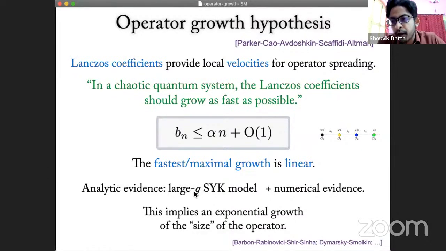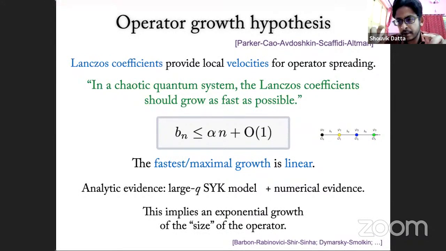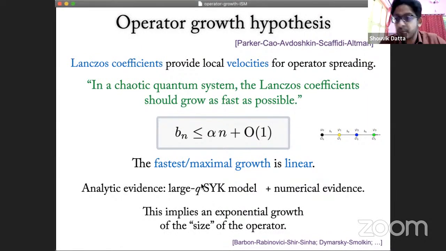If you look at the large q SYK model, where you have a q-body interaction, in the large q regime this is non-local in some sense, but it's analytically solvable. And the large q SYK model actually saturates this upper bound.